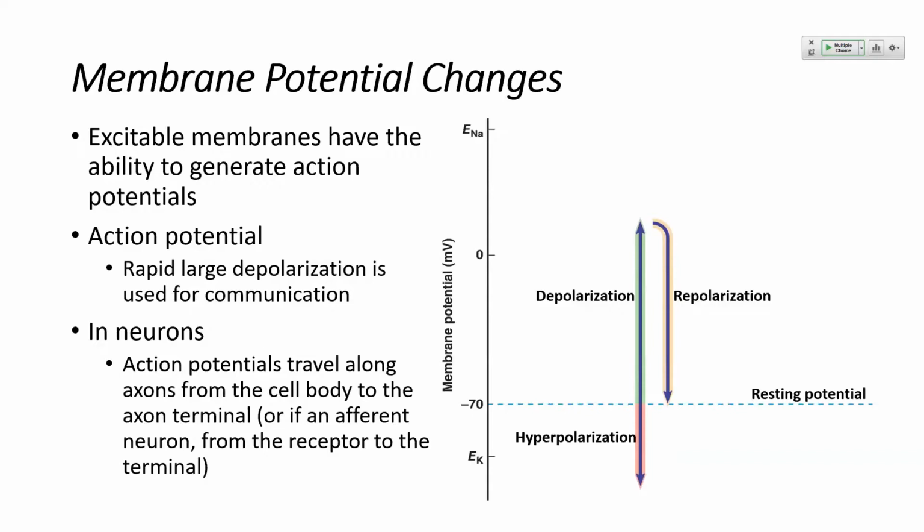Although we've kind of been zooming in on the cellular events of an action potential, bear that in mind. This is nothing but a communication or electrical signaling mechanism for neurons and other excitable cells such as muscle. And so the action potential starts at the soma, where those signals are perceived onto that neuron, and they travel along the length of the axon all the way to the axon terminal.